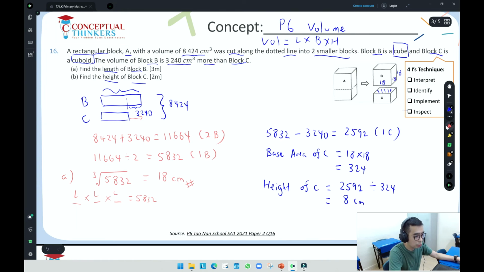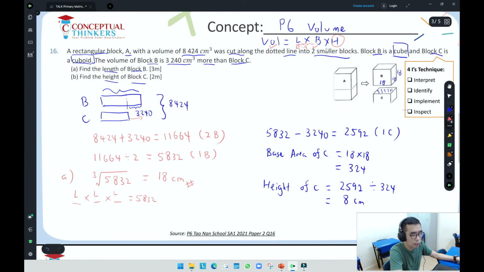Let me just explain what I'm doing here. As I mentioned earlier, the volume is equal to length times breadth times height. So length times breadth here is actually giving us the base area. Now because we know the volume of block C, and we also know the base area of block C, to get the height we simply take volume divided by base area.